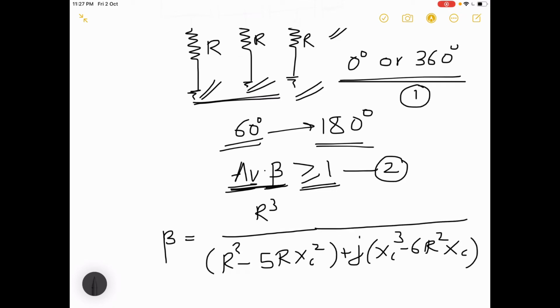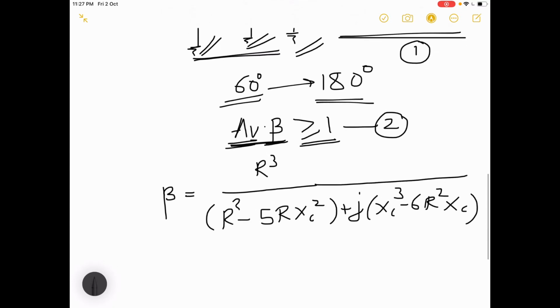So, this equation you have to remember for your exams. Directly you can write this equation. When the angle of beta is 180 degrees, beta, your feedback ratio, should be a purely real number.